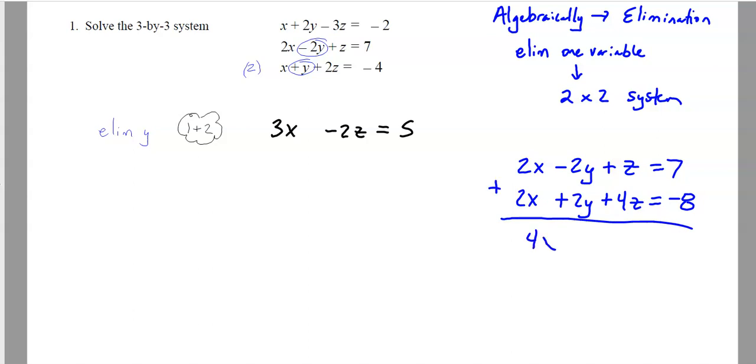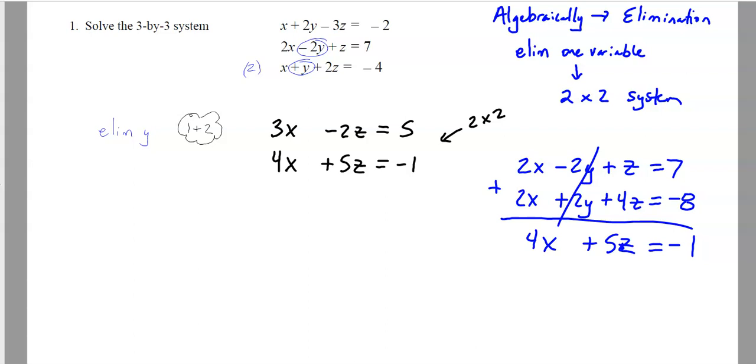So I'm going to get 4x, you're gone, 5z, and then that would be a -1. So now I have another equation here without a y in it. So I got 4x plus 5z equals -1. What I've done is I've taken a 3 by 3 system, 3 equations, 3 unknowns, and I've shrunk it down to a 2 by 2. And a 2 by 2 I know how to solve.